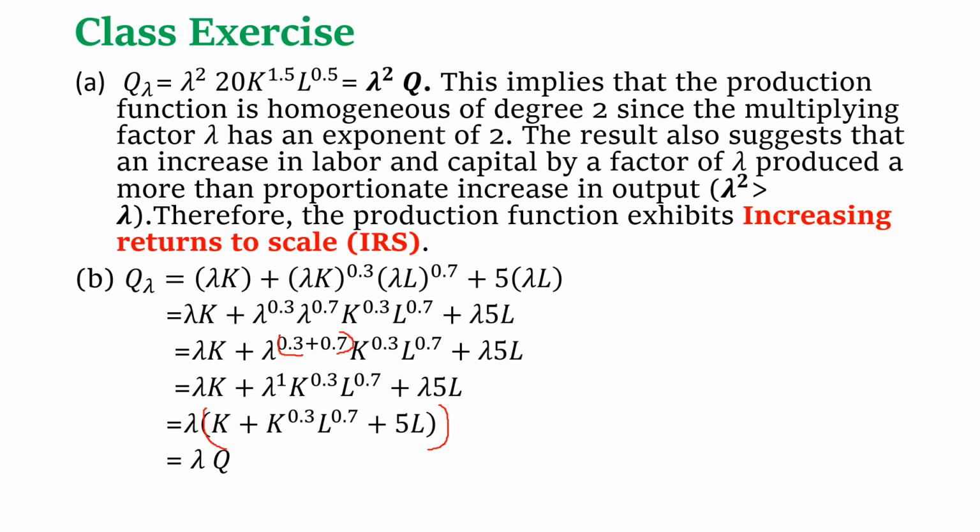That is to say, if we increase all inputs by a particular amount, the output is going to increase by that same amount. If, let's say, the farm decides to double all inputs, then output is going to double.